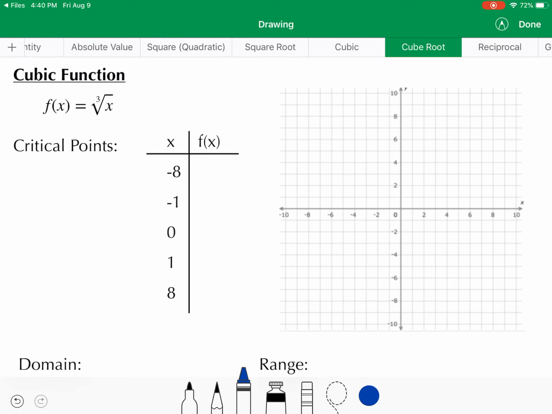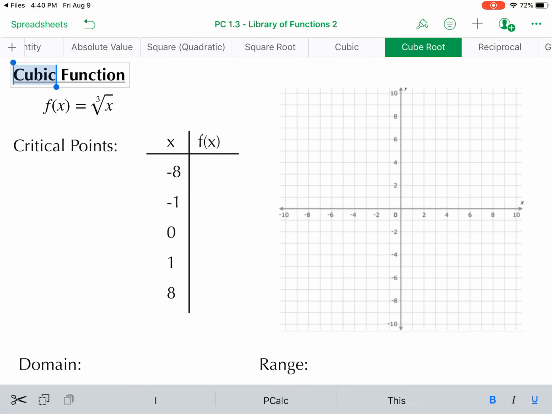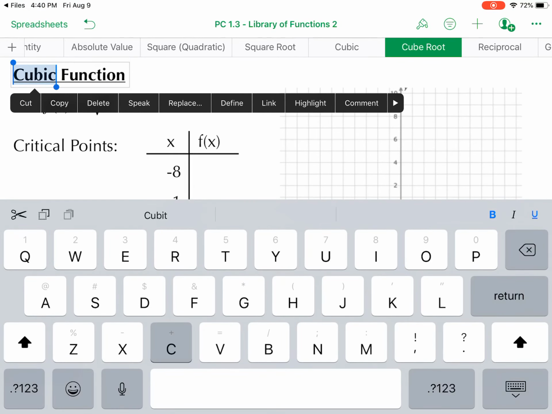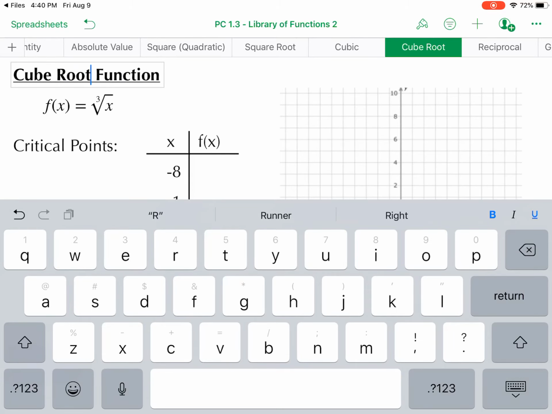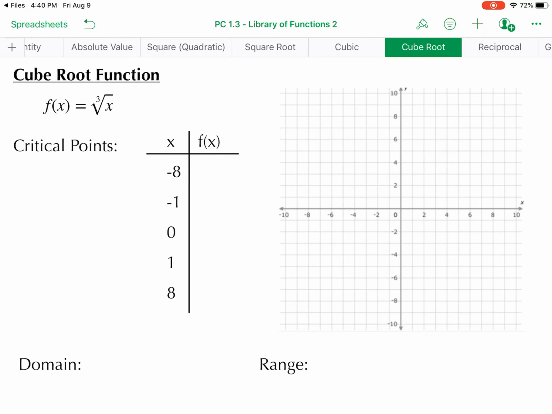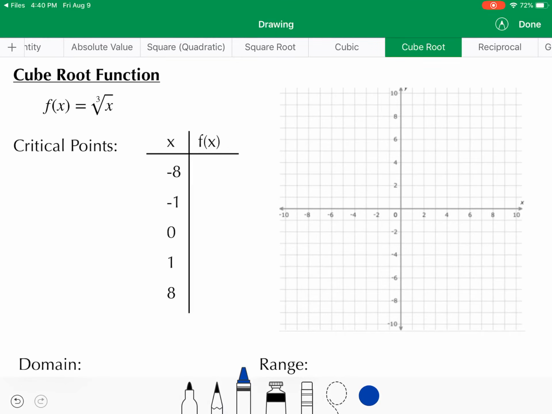From there, we can transition to the cube root function. Oh, got another typo. Sorry. All right, so f of x equals the cube root of x. This time, notice my x values have changed. I'm using perfect cubes for my inputs. Okay, the cube root of -8 is -2.